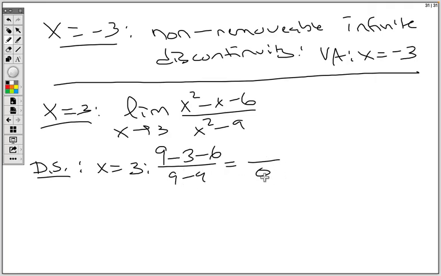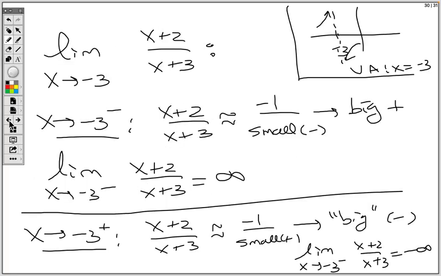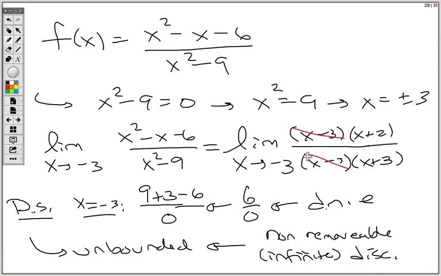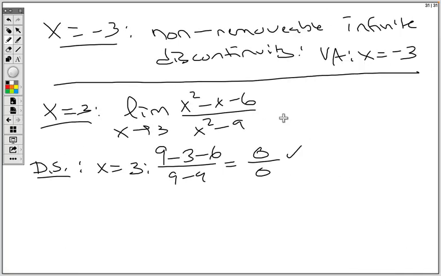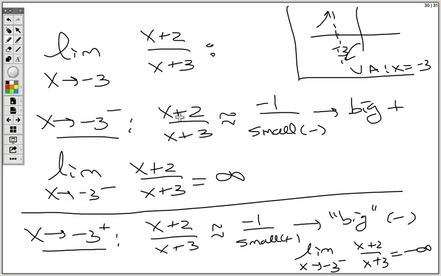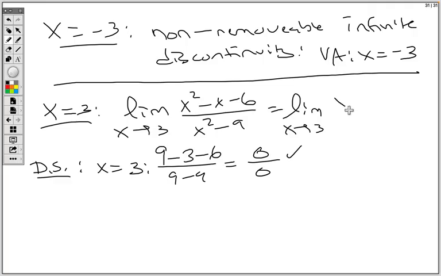So we do get that 0 in the denominator, but we also get a 0 in the numerator. And in fact, as in the last limit, we can still do the same algebra to simplify the function. So we can simplify things down to (x plus 2) over (x plus 3). And I can use direct substitution here to get 5/6.